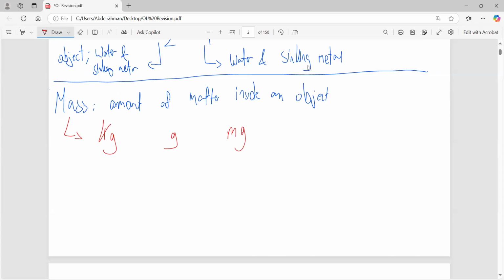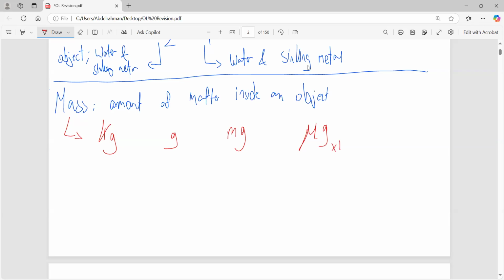But can we use micrograms? Okay, we can, though I've never seen it before in the O level questions. Micro means times 10 to the negative 6. But note that micrograms you will need to change to kilograms.